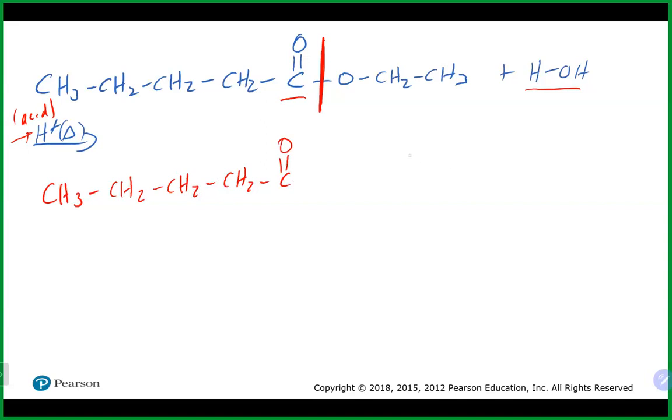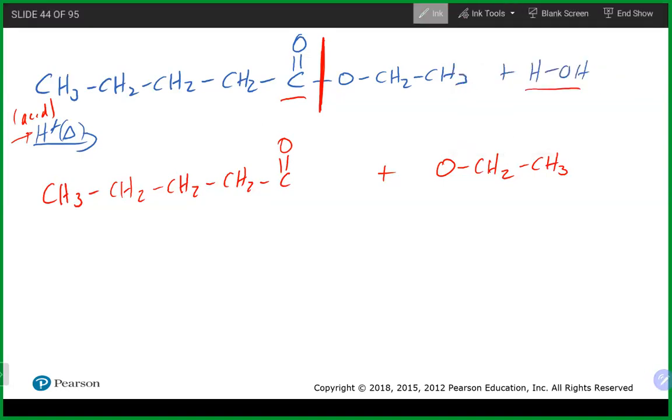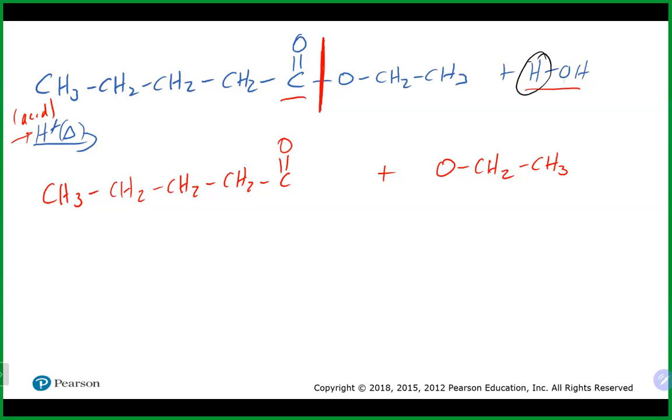Obviously, I'm going to separate it up there. And again, here we should get back a completed alcohol and our carboxylic acid. And we're going to build that out using our water. So again, our H is going to come down here, and our OH is going to come over here in this case.